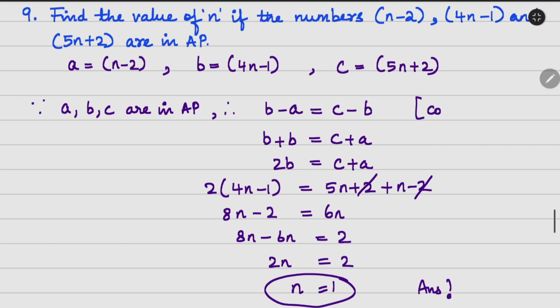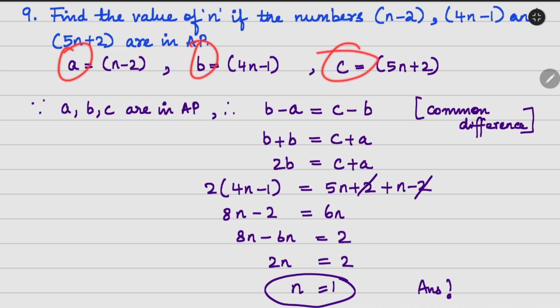Okay. So what you have done here is common difference. The common difference is the same. So you have to write it here. What you have calculated by doing B minus A, C minus B is nothing but finding out the common difference, which is denoted by D, but I'm not writing D because it should not be confused with the variables here.